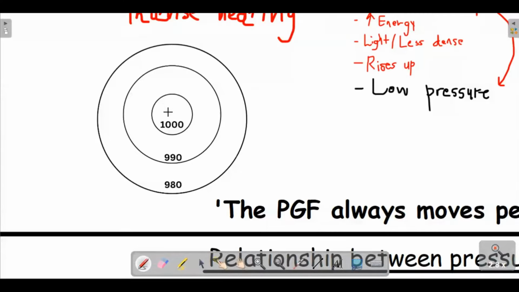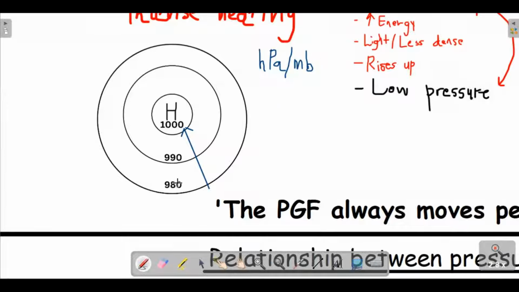This is a high pressure cell, guys. And the reason why is because the pressure increases towards the center. You can see it went from 980 hectopascals. Let's not forget that, hectopascals. Or they can use millibars, MB. 1 hectopascal is equal to 1 millibar.